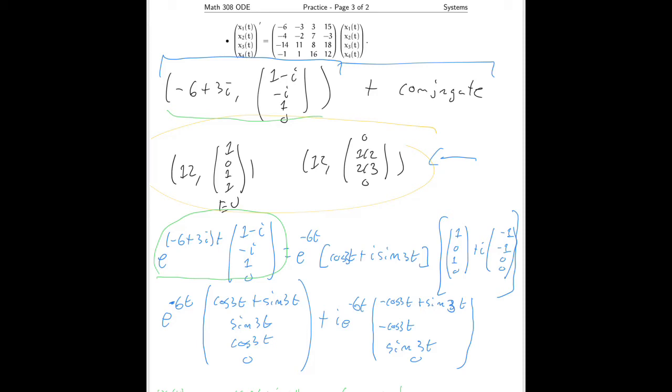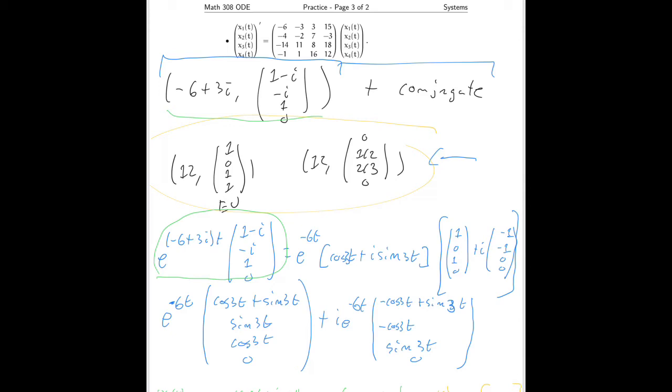So this is going to be a tight fit, plus c times e to the 12t times 1, 0, 1, 1, plus d times e to the 12t times t times the eigenvector 1, 0, 1, 1 plus the generalized eigenvector 0, 1/3, 2/3, 0.